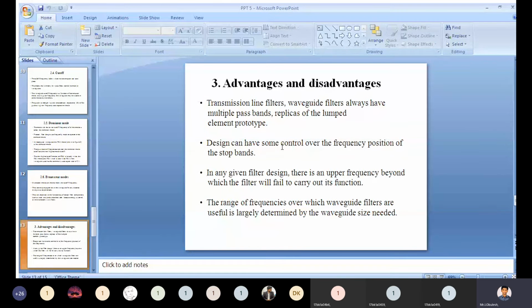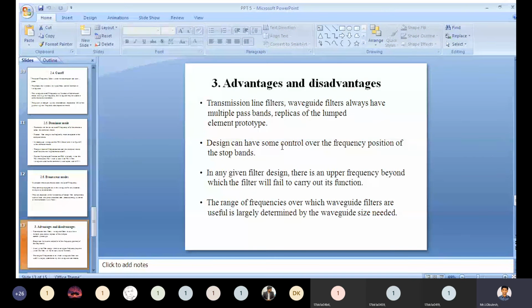This is an intrinsic property of the technology and cannot be designed out, although design can have some control over the frequency position of the stop band. Consequently, in any given filter design, there is an upper frequency beyond which the filter will fail to carry out its function.